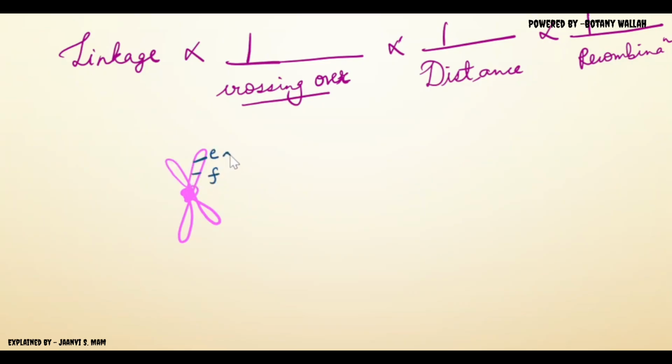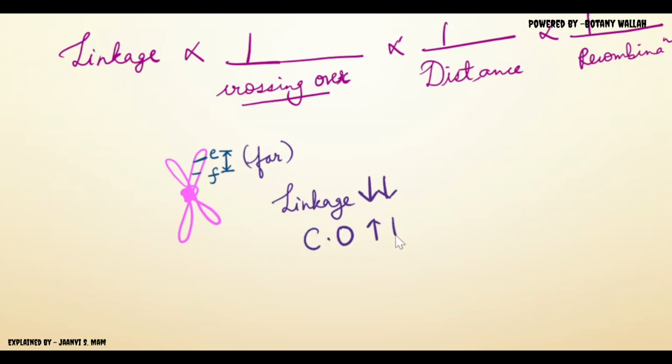Now if you can see, these two genes are very far from each other. I will write far apart, they're very far. So if they are far, means what? Linkage is less. If the linkage is less, means crossing over will be higher.